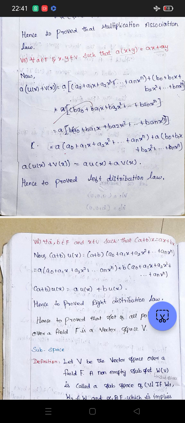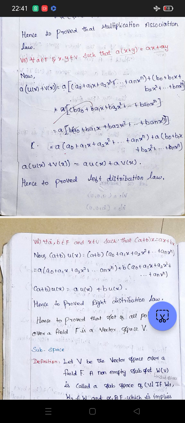You can multiply with a scalar in two polynomials. So a into first polynomial plus a into second polynomial: b0 plus b1x plus b2x square etc., bn x power n. You can write a into the polynomial u(x) plus a into the second polynomial v(x). So hence to prove that the left distribution law.